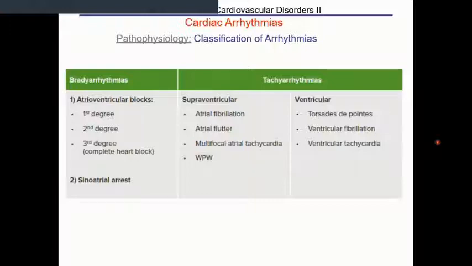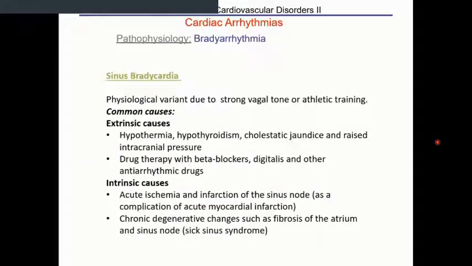So let's now go to the specific classification of arrhythmias. Let's first start with bradyarrhythmias. Your bradyarrhythmias, as we mentioned earlier, are due to the slowing down of the sinus node impulse generation, or when normal sinus node impulses cannot be conducted to the ventricles because of AV nodal block or ventricular conduction system disease.